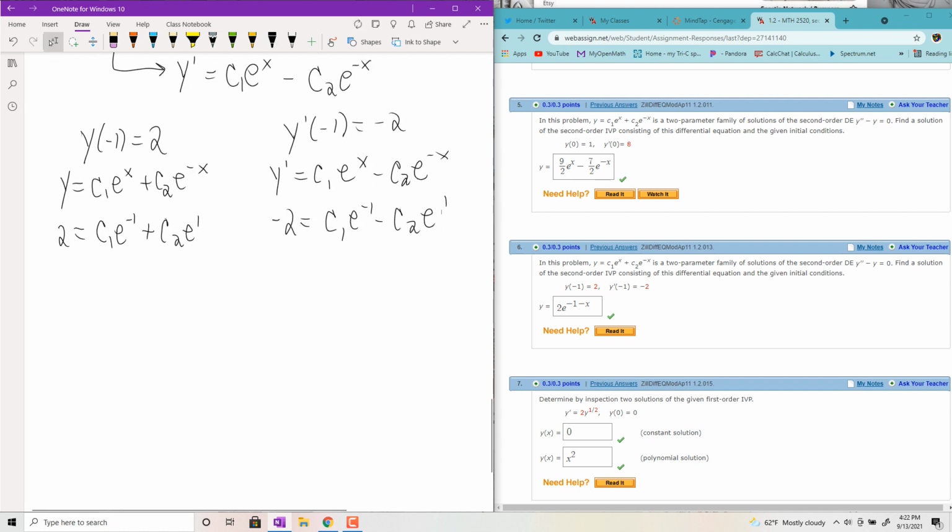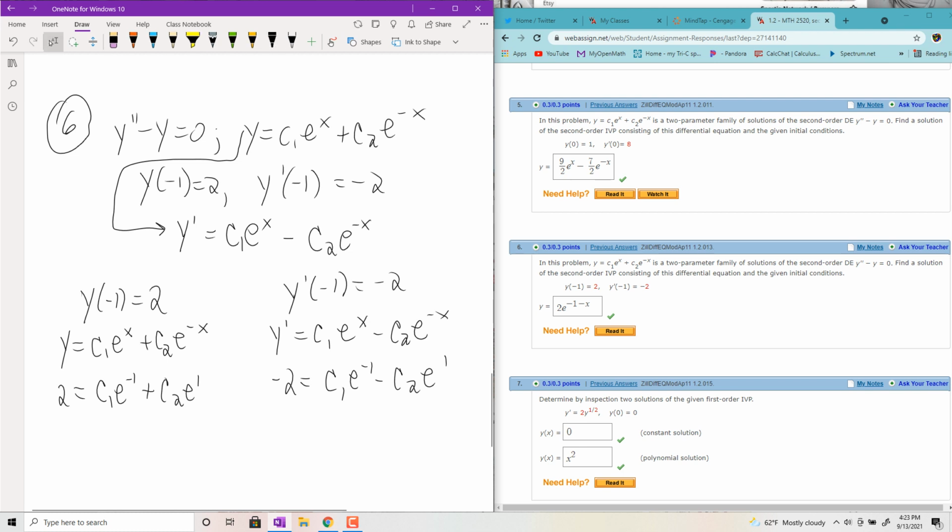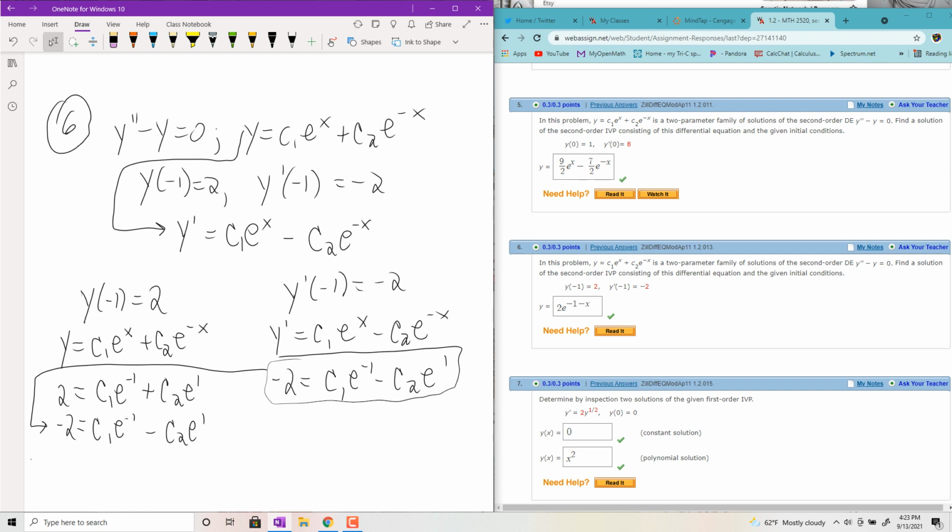You can do substitution here, but it might be easier to just do the addition method. So I would probably take the two equations and add them together column-wise. 2 minus 2 is going to give you 0, and then you'll have c1 e to the -1 plus c1 e to the -1.